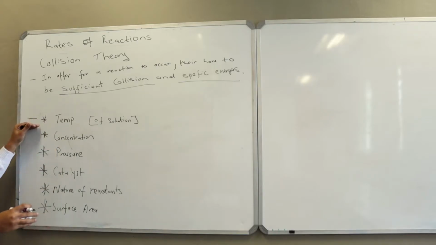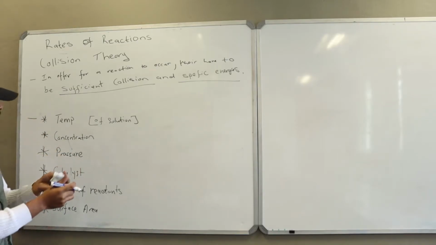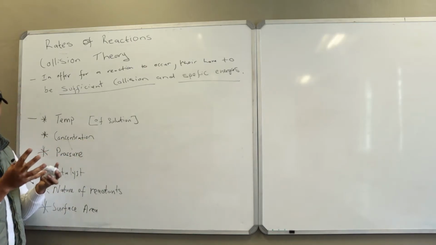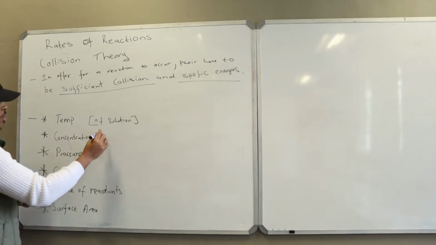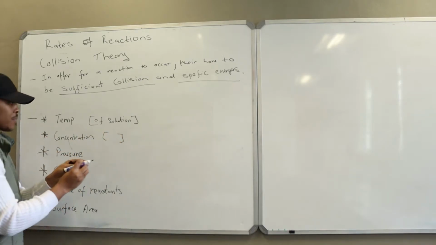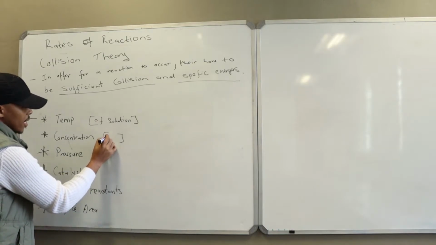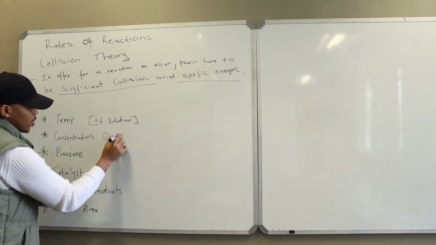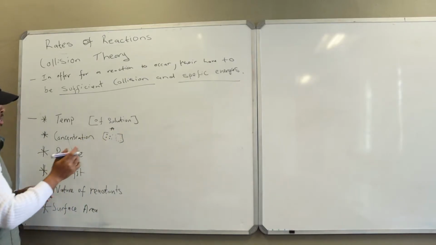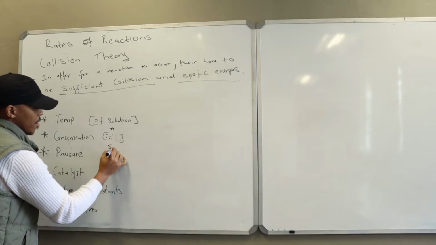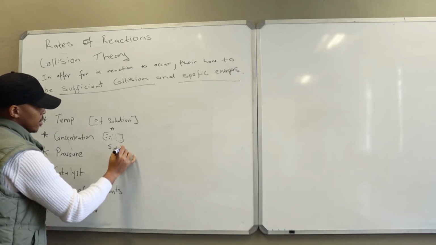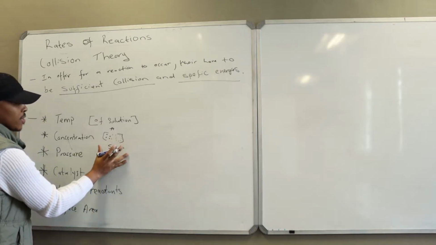So we have temperature, the heat of the solution itself, and then we have the concentration of the solution itself. Now, if you don't know what concentration is, it is how tightly packed the reactants are in a specific area. So let's take this area A, and we say it's 5 decimeters cubed, so it's in a specific area.